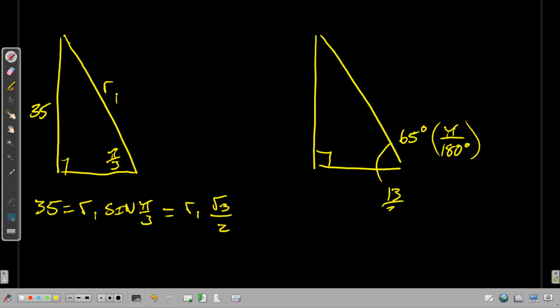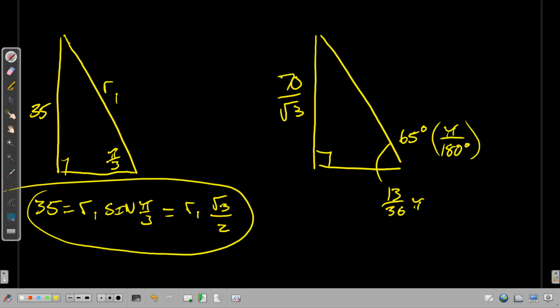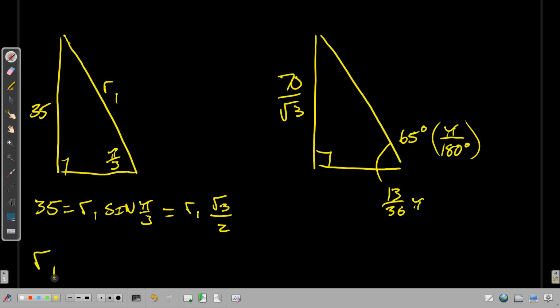So this angle is 13 over 36 pi. All right, and I know that this length here is 70 over root 3, because when you solve this for R1, it says R1 is equal to 2 over root 3 times 35.